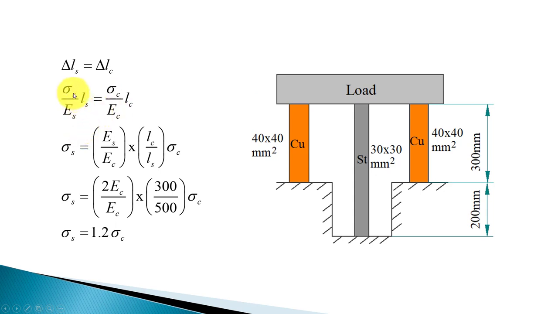So you can find out sigma S as ES by EC into LC by LS into sigma C. So this will give the relationship between the stress induced in steel and copper. ES is given as 2 times EC, so I have substituted ES as 2 EC, and LC is known 300 and LS is 500.